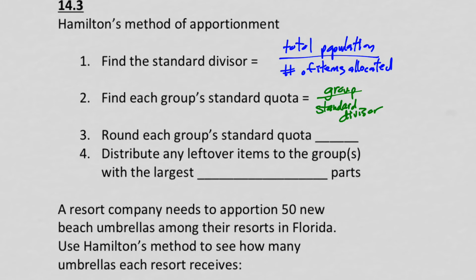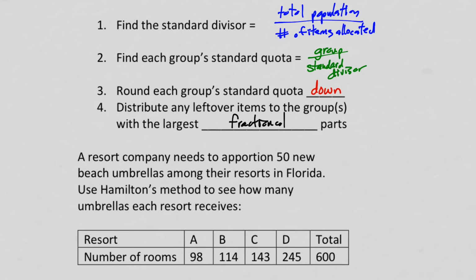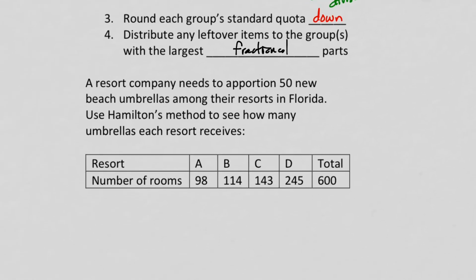Okay, and then you're going to round each group standard quota down. Okay, and then you're going to distribute any leftover items to the groups or group with the largest fractional parts. Okay, so let's take each one of those.